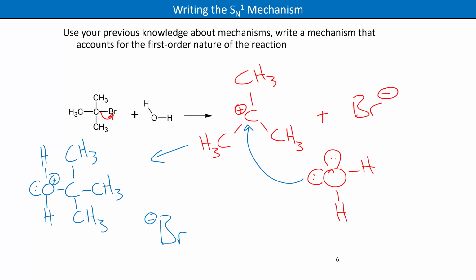So it's leaving group, nucleophilic attack, and then it'd be a proton transfer. Yeah. So you don't always have proton transfers on SN1 reactions or on SN2 reactions, but they're sort of like an afterthought.